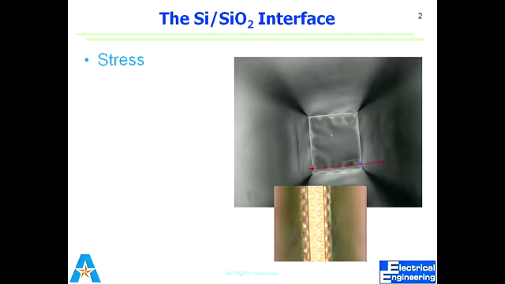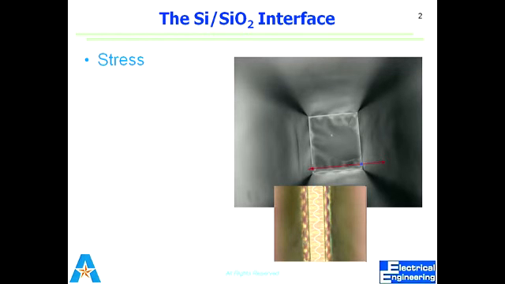Because at the interface the volume of silicon dioxide is approximately 2 times what volume of silicon has been consumed, this difference in volume needs to be adjusted.